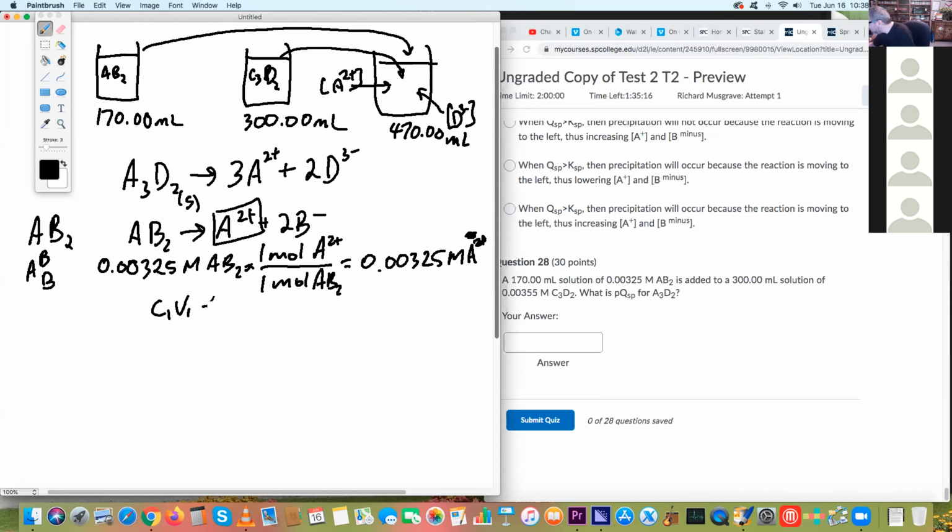And for that, we use the dilution formula, C1V1 equals C2V2, which effectively is saying that the number of moles of A2 plus isn't going to change, but the concentration will. And we're going to have 0.00325 molar times the volume, which is 170.00 mL. But we're looking for the new concentration when it gets diluted to 470.00 mL.